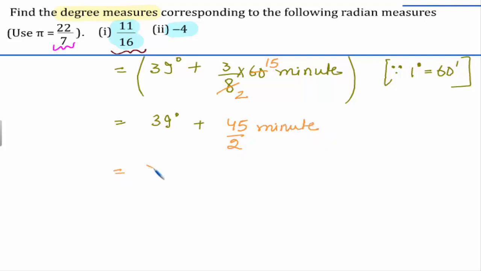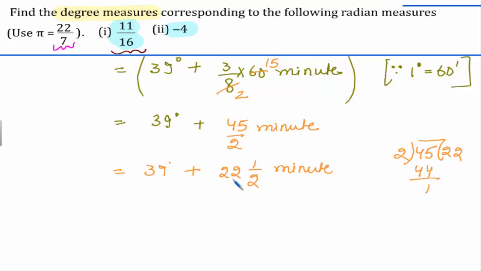Now this is equal to 39 degrees plus 45 upon 2 can be written as 22.5 minute. Since on dividing 45 by 2 we get 2 into 22 is 44. So 1 remainder, therefore this can be written as 22 then 1 by 2.